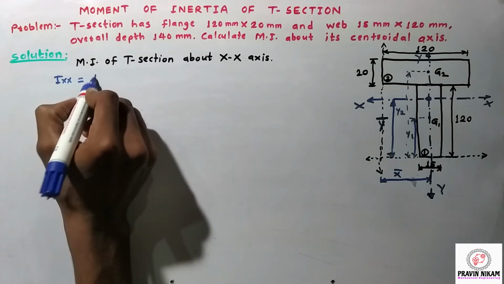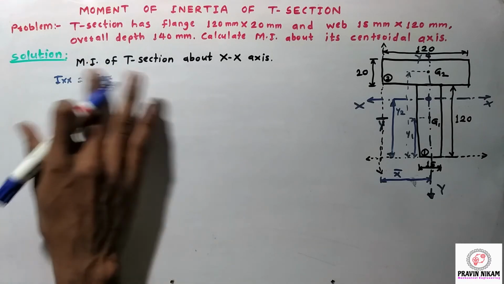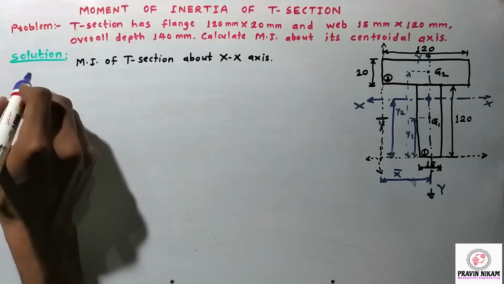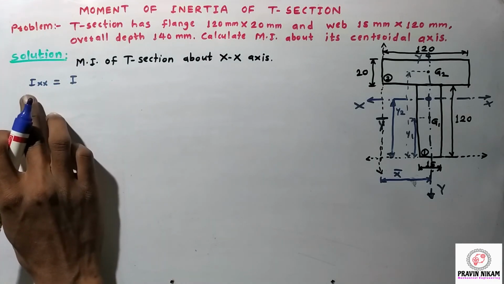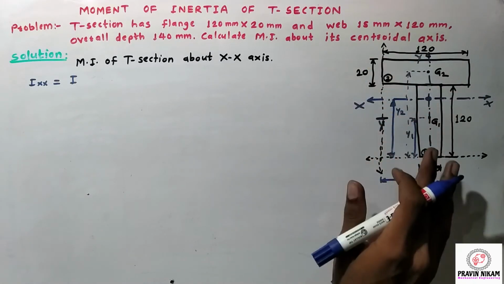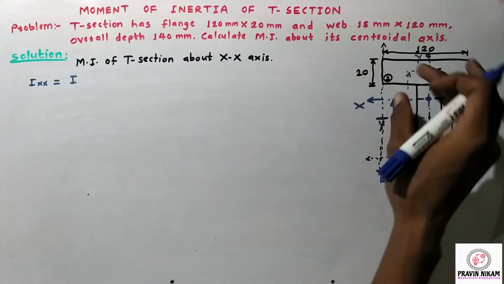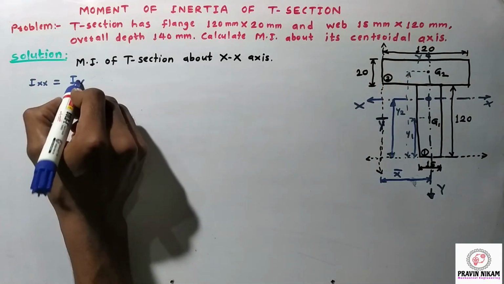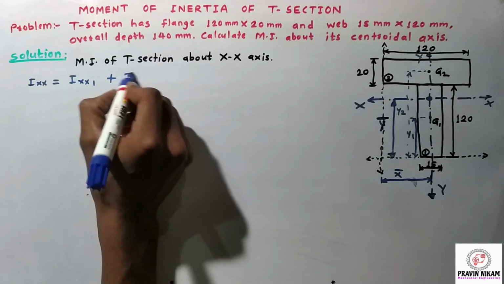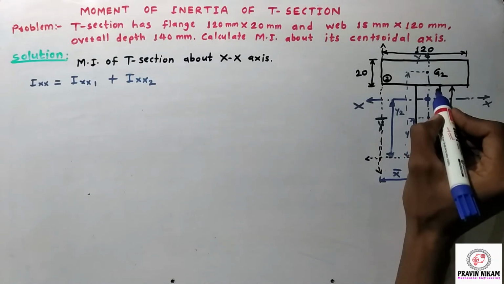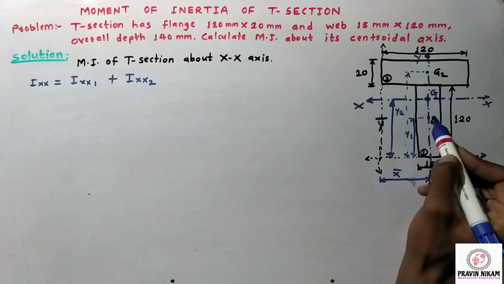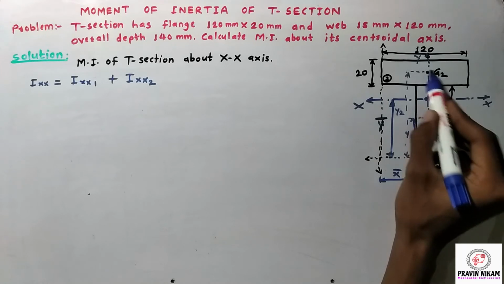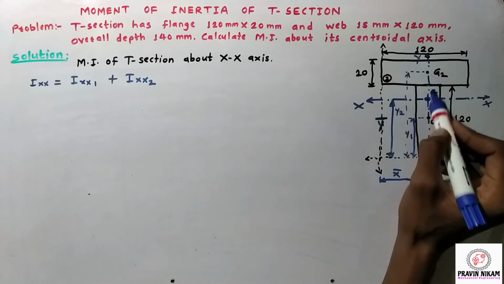Ixx of the T section is equal to Ixx of section 1 plus Ixx of section 2. Now this is the main centroid G. You can see between G and G1 there is some distance, and between G2 and G there is also some distance.